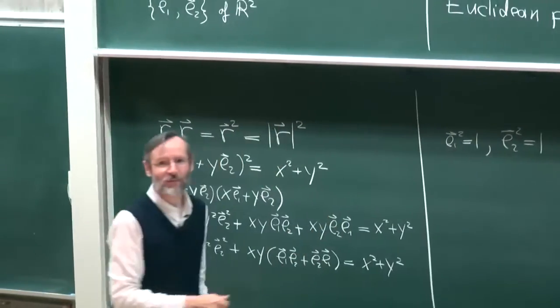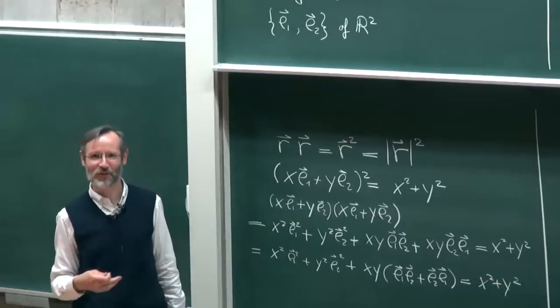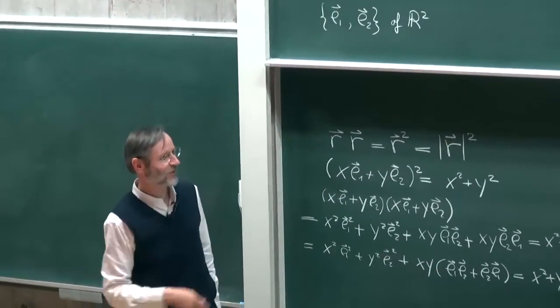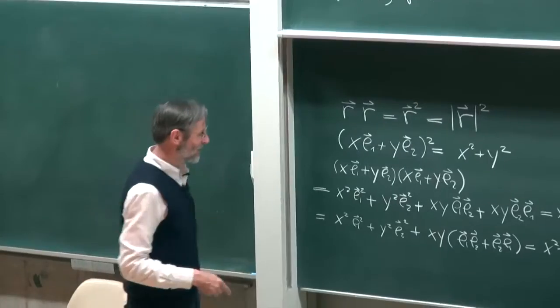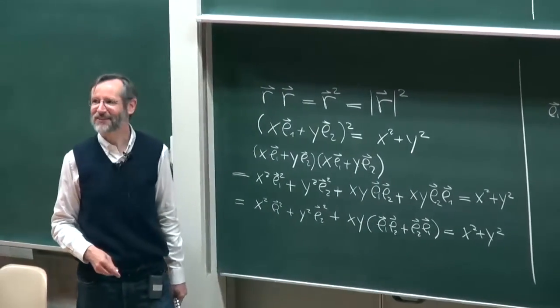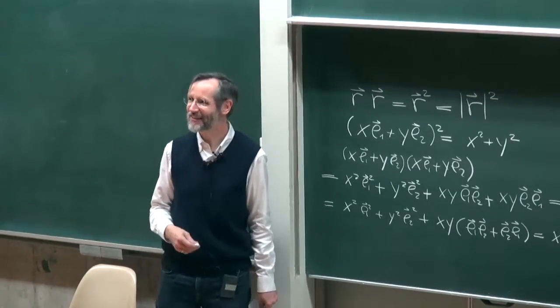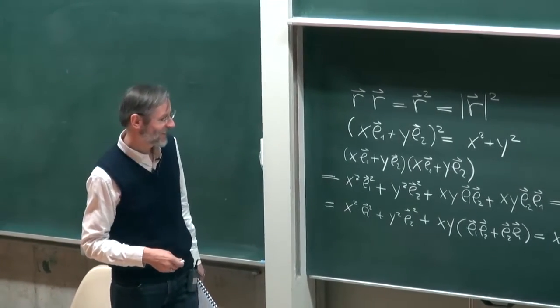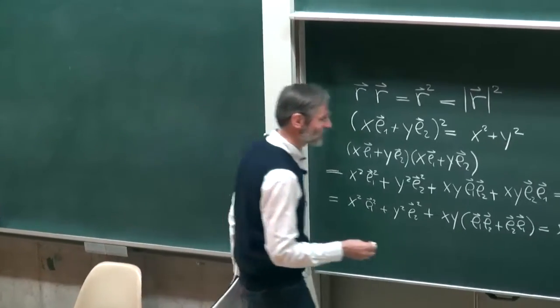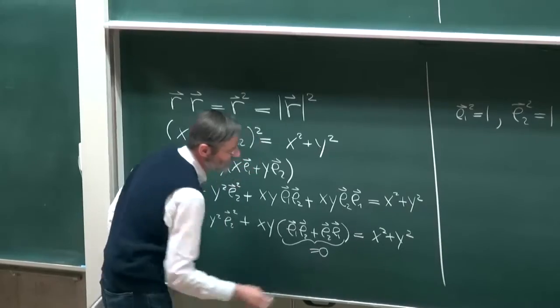And that's fine, because the square of a vector under the new product should be the length squared. This is okay for E1 and E2. But then we have this extra term which disturbs very much. It's not on the right side. So the only consequence we can learn from that is that this must be 0.